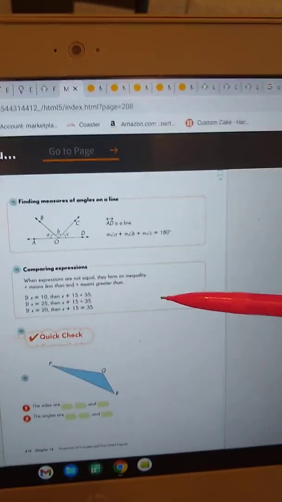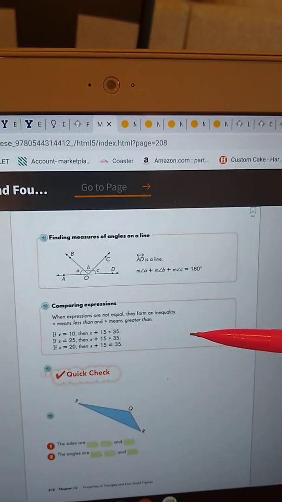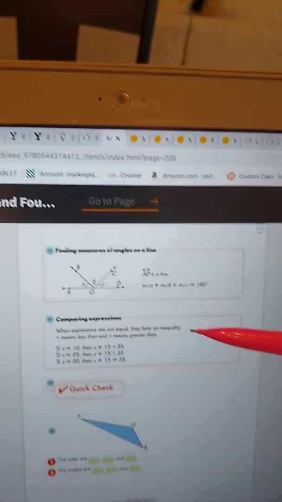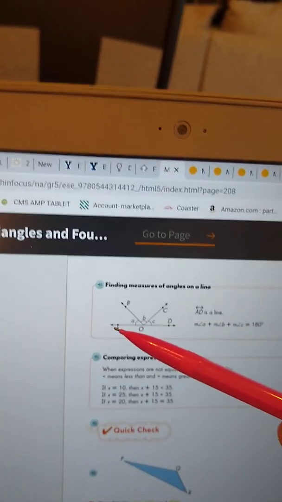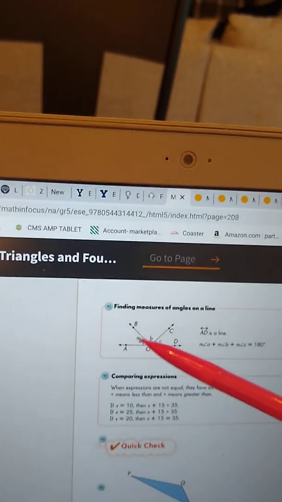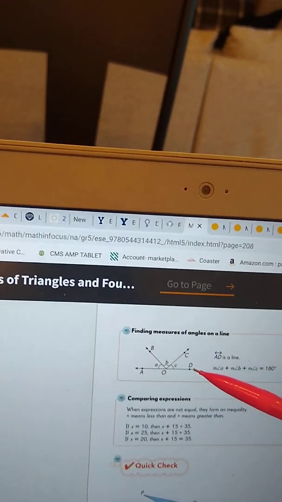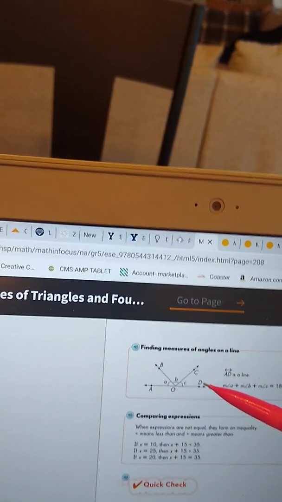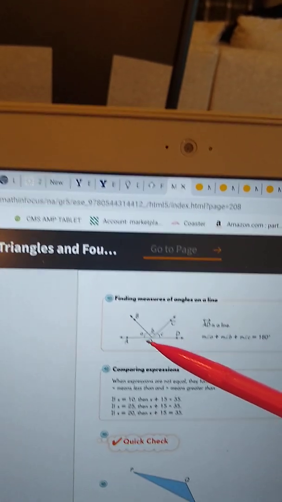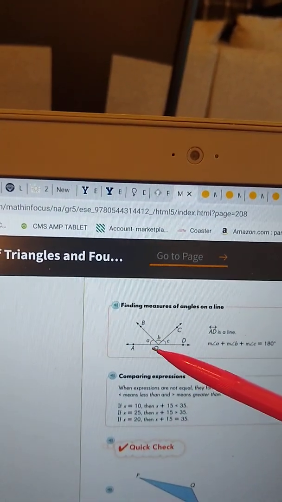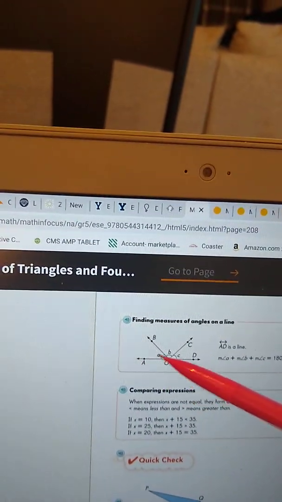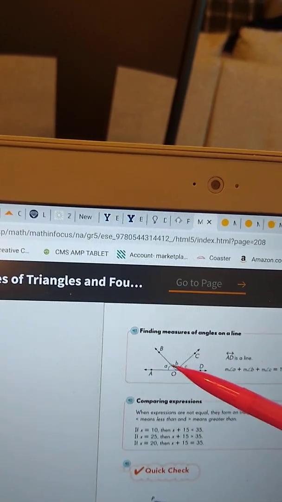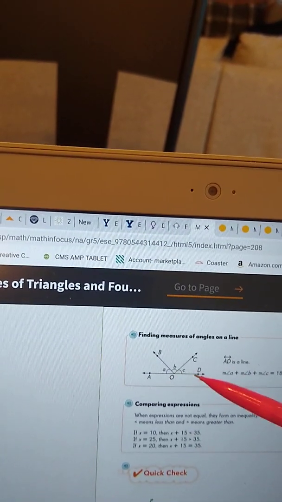This little diagram is showing a lot of really important things that I need to show you. So all of these little points, they name them different letters. Okay, so don't get confused by that. These little lines right here are just showing the name of the angle. An angle, like this is an angle. This is an angle, this is an angle.